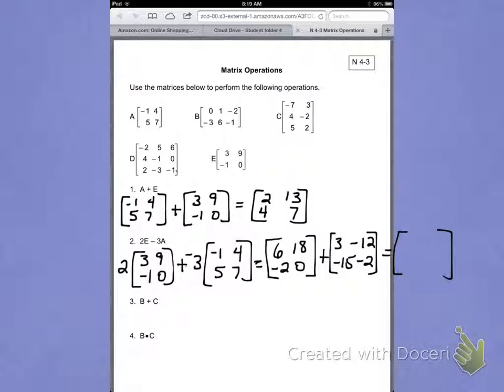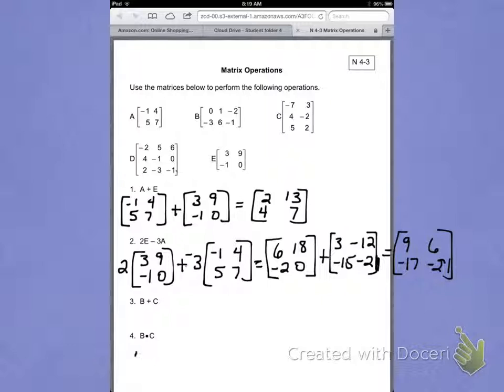Then I just add these 2 matrices that I've multiplied by the scalar together, just like we did in number 1. 6 plus 3 is 9, 18 plus -12 is 6, -15 and -2 is -17, and 0 plus -2 is, well, what did I do here? -3 times 7, that should be -21, which I don't have there. So that's -21. Okay.